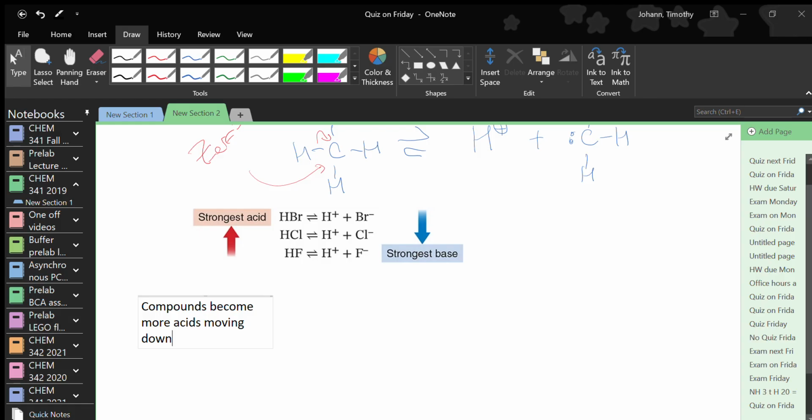Moving down the periodic table, the conjugate base is bigger, and the minus charge that's acquired can be spread out, okay?